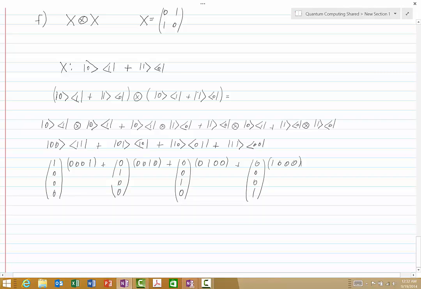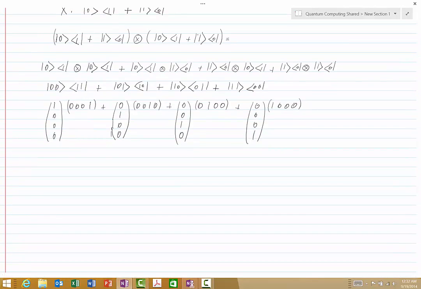This is the column vector corresponding to this, and this is the row vector corresponding to this. We've just used all of the information that we've already covered in this lecture to fill in the rest of those. Now let's compute each one of these.